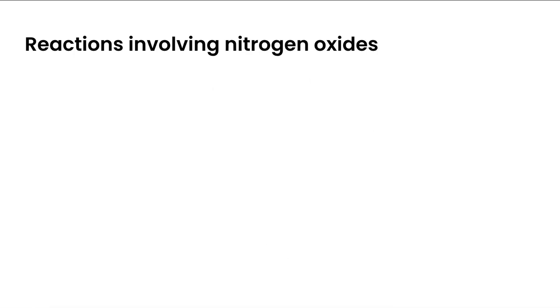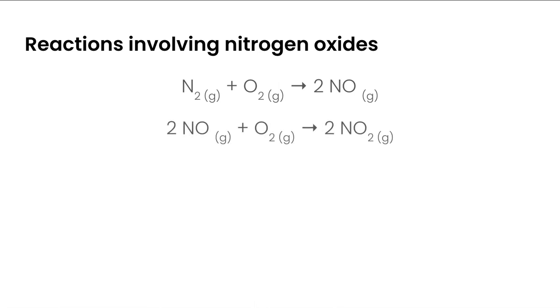Now, turning our attention to reactions involving nitrogen oxides. First off, nitrogen oxides are produced when nitrogen reacts with oxygen to produce nitrogen monoxide. That nitrogen monoxide can further react with oxygen to produce nitrogen dioxide.